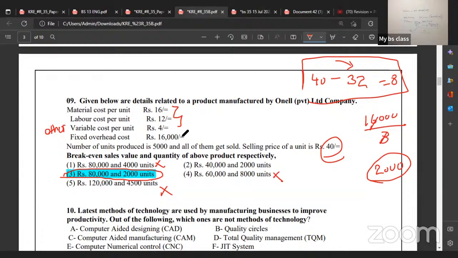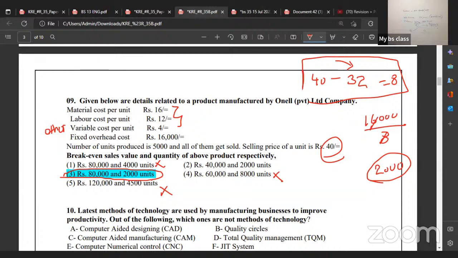Overheads are fixed like rent, supervisor salaries, manager salaries, these things. So just 16,000 divided by 8 gives 2,000. Now 2,000 is units. To convert that into a value, you need to multiply by the selling price, which is 40. That gives 80,000.